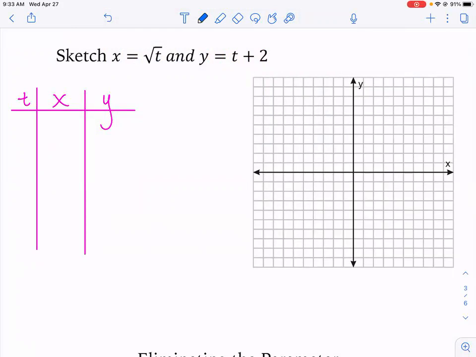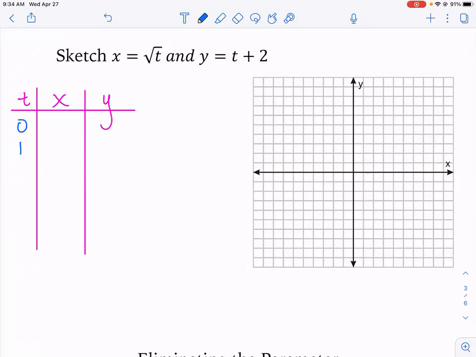What can I not plug in? Yeah, you could. We can't plug in negative numbers because we have x equals radical t. Okay. So the smallest number I can begin to plug in would be what? 0. I could plug in 0, and then I could plug in 1, and then I could plug in 2, and then I could plug in 3.